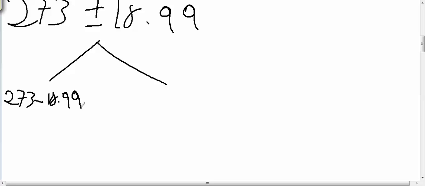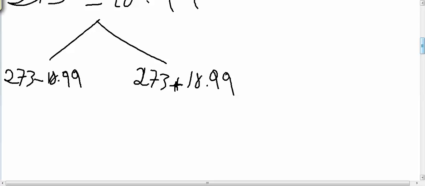Here, you do the same thing, 273 plus 18.99. Let's do the math. 273 minus 18.99, you get 254.01, and on this side you will get 291.99.